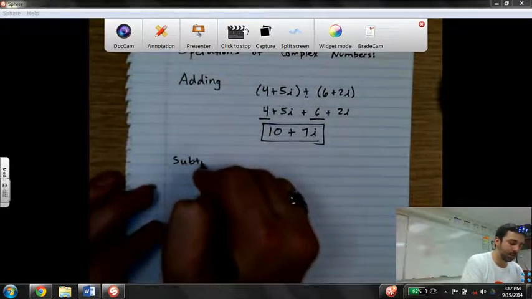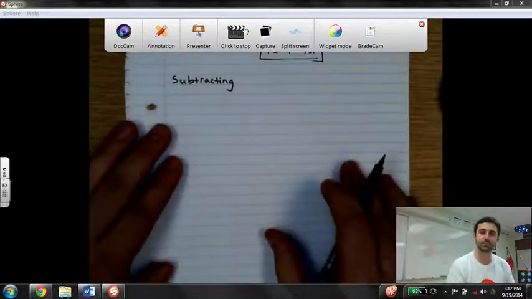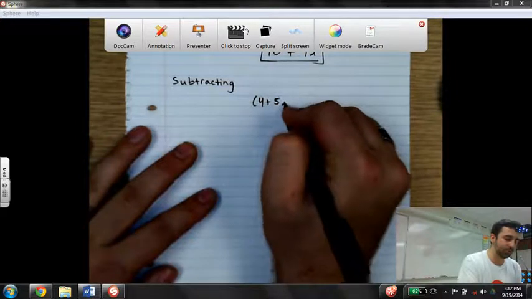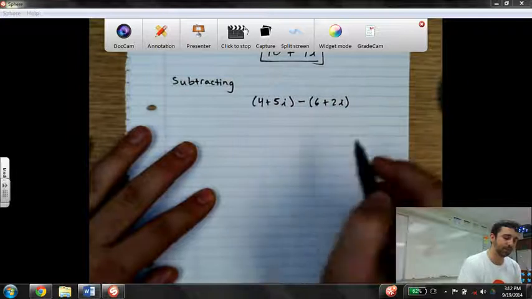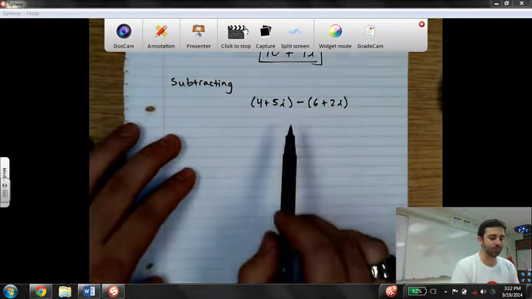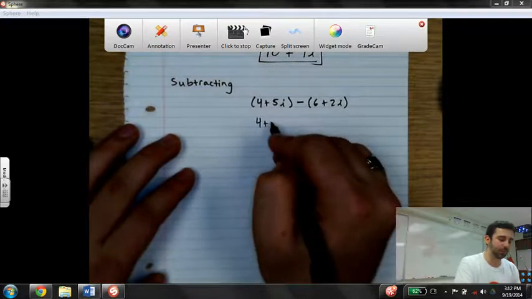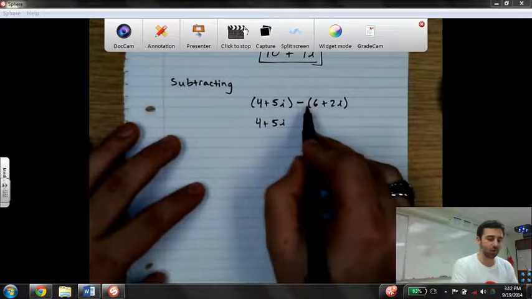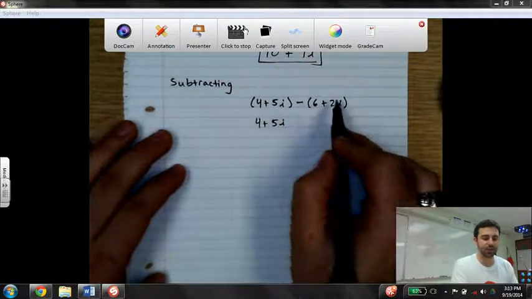Now when we are subtracting our complex numbers, so the same numbers, 4 plus 5i minus 6 plus 2i, we rewrite our problem. However, since we are subtracting, we have to distribute this subtraction sign to both terms.